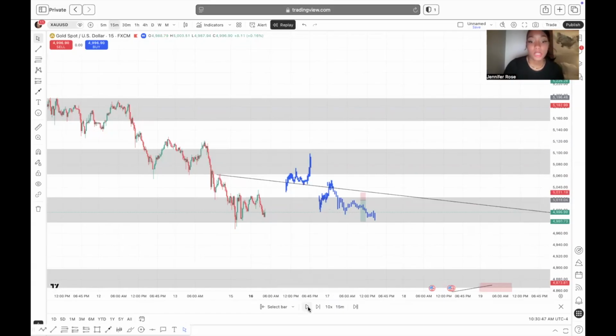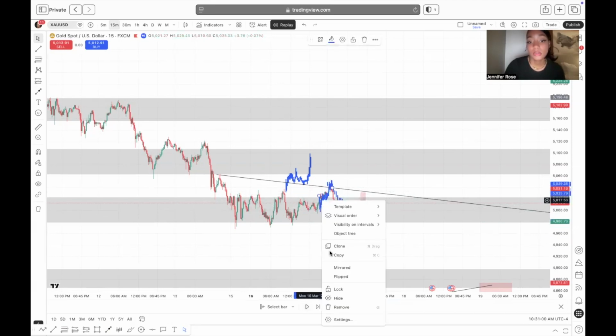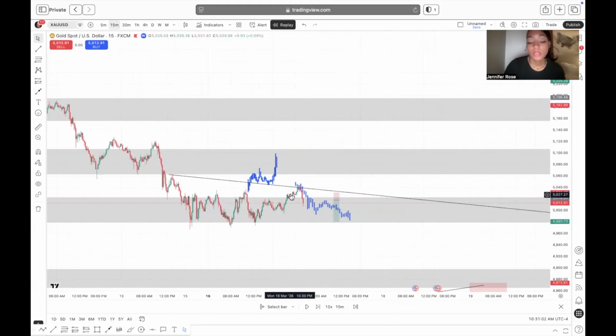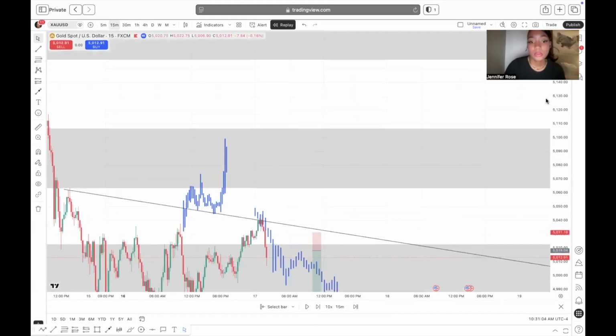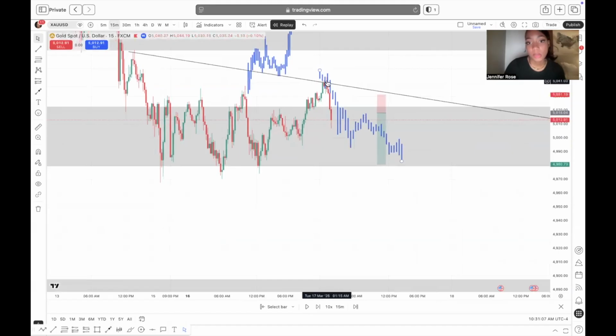So price pushed up to the trend line. Okay. This was price pushing up to the trend line. I'm going to hide this. You see that little push right there? That was price pushing up to the trend line.